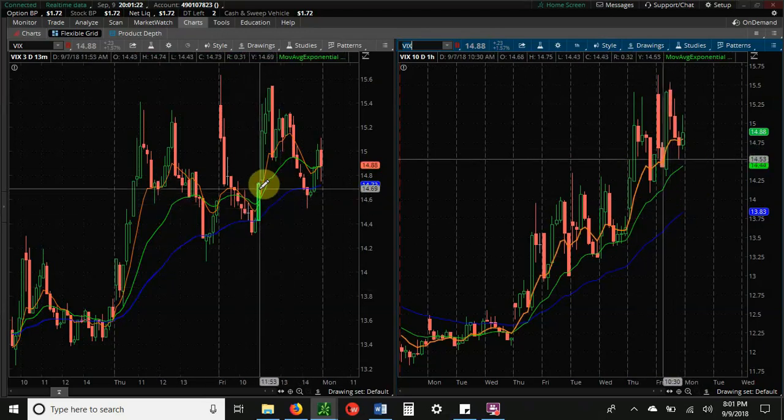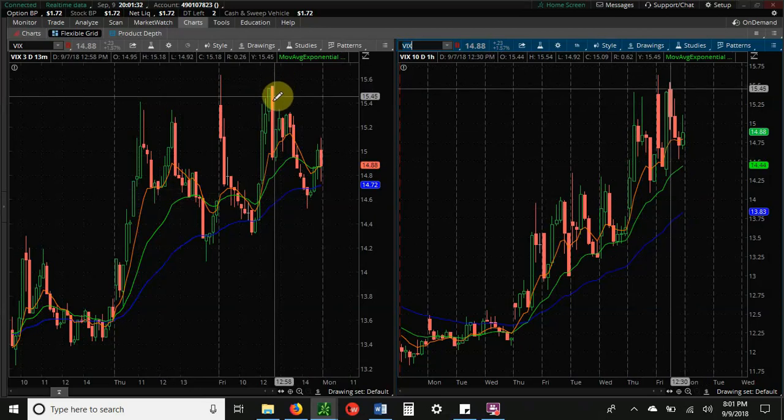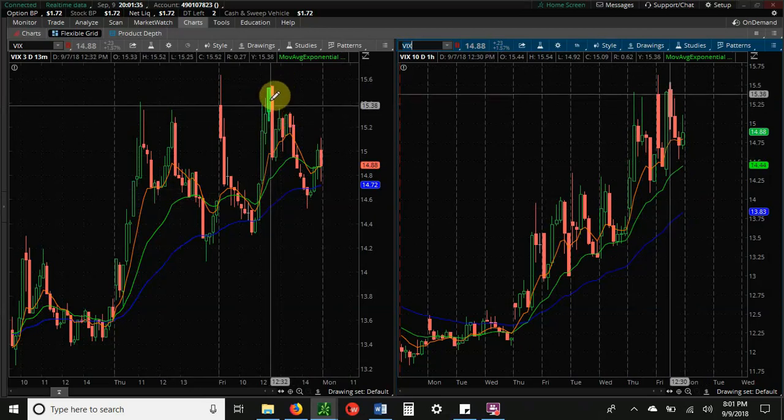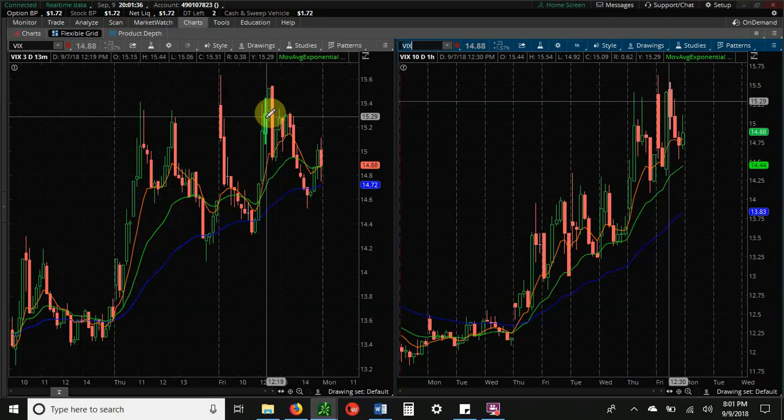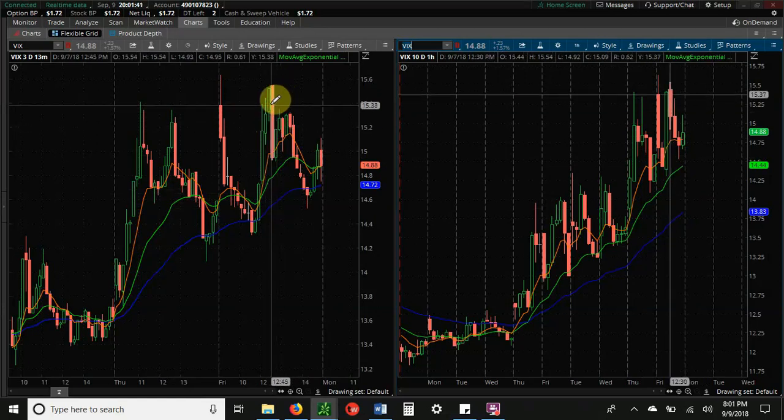And here's your uptrend, boom, all the way up to 1554. And then it hits here, goes a little bit higher, and then just continues to fall. So obviously it engulfs 2 candles. So you're looking at a pretty substantial move.